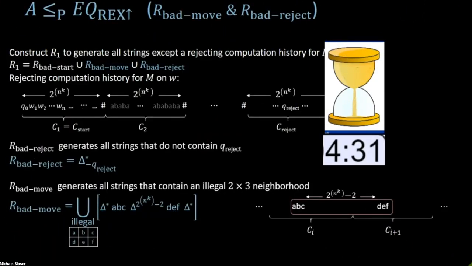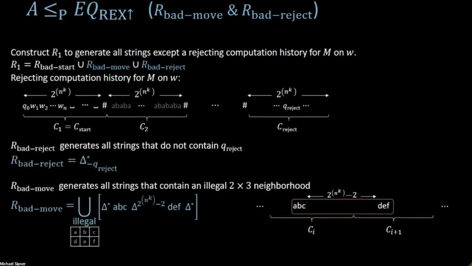In my description back here, let me just take this off. For bad reject, it looks like I'm doing kind of overkill and maybe doing something wrong here. I'm describing all strings that don't have a reject anywhere. But as long as I don't describe the legitimate rejecting computation history, and I do describe all strings that don't end correctly, I'm good.